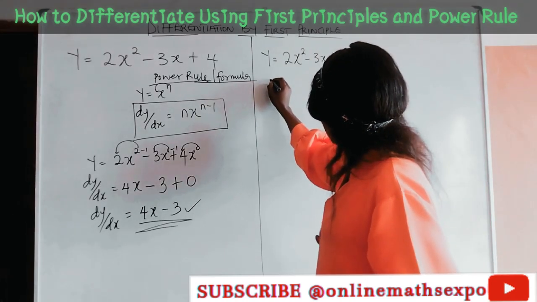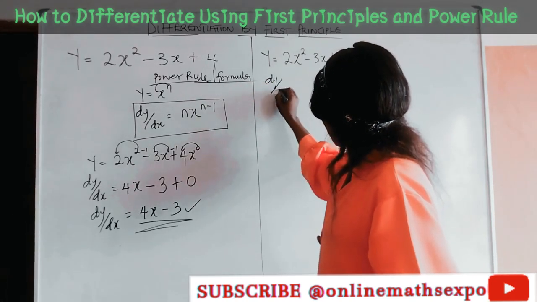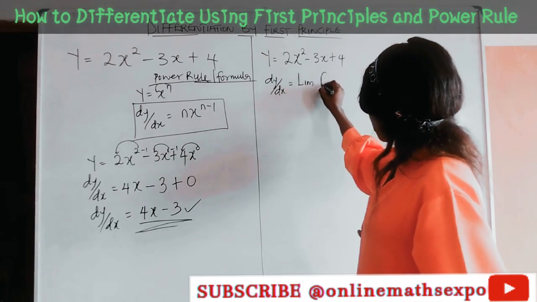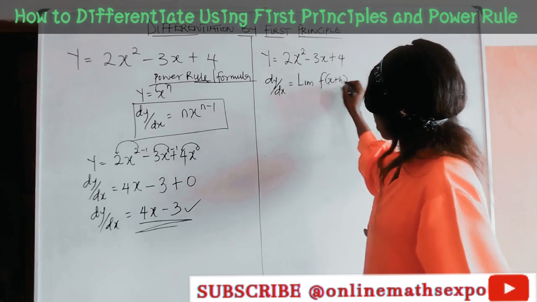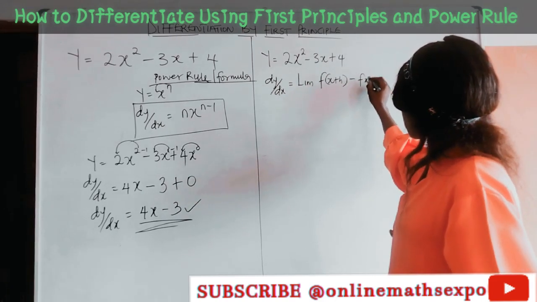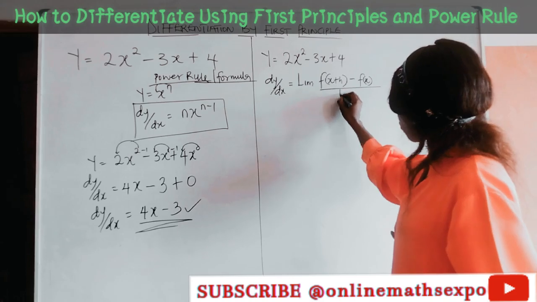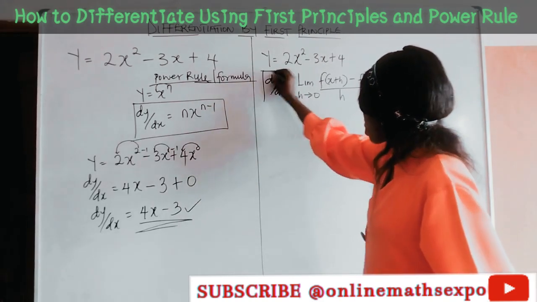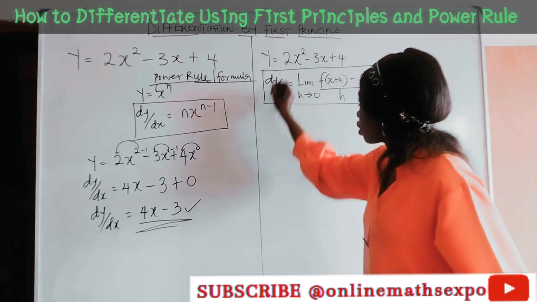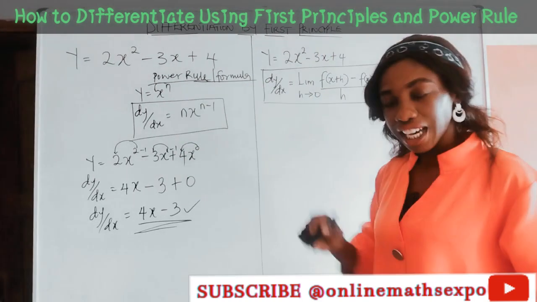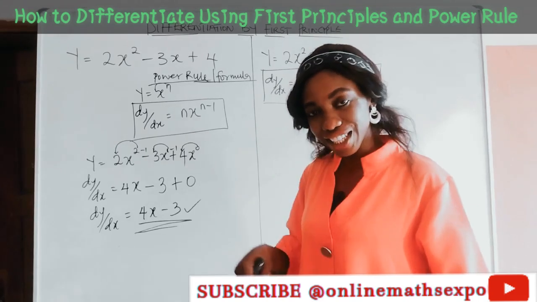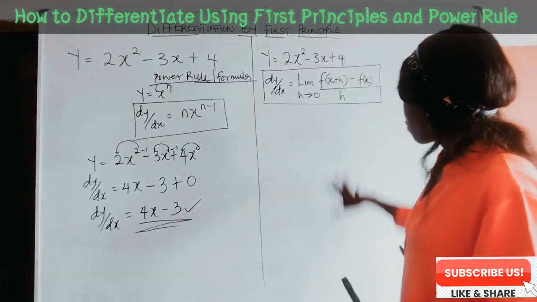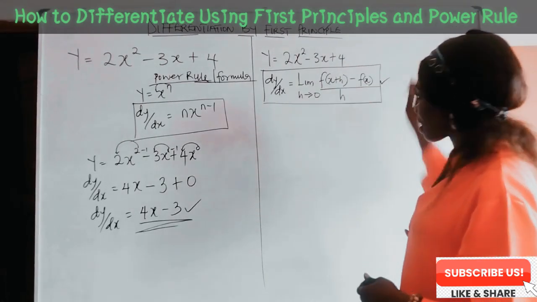Remember that for your first principle, your dy dx is equal to the limit of f of x plus h minus f of x, all over the change h, as this change tends to 0. This is your definition for using the first principle. Kindly watch our previous tutorial, the link in the comment section, for more on this. Okay, now this is going to be our guide.